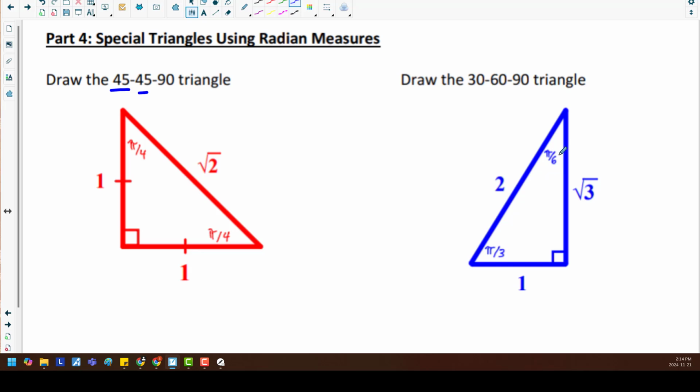So pi over 6, think about it. Is that bigger or smaller than pi over 3? Obviously pi over 6 is smaller. If you multiply by 180, you'll know that's 30 degrees. And pi over 3 is obviously bigger, so this is 60 degrees. So yeah, basic stuff. And I think that is it for part 1.